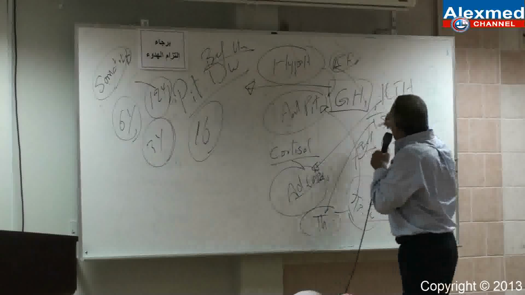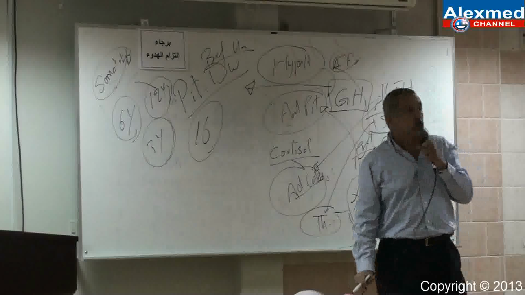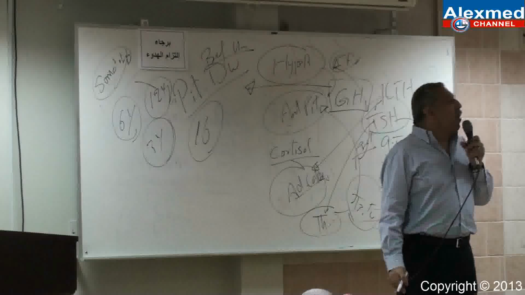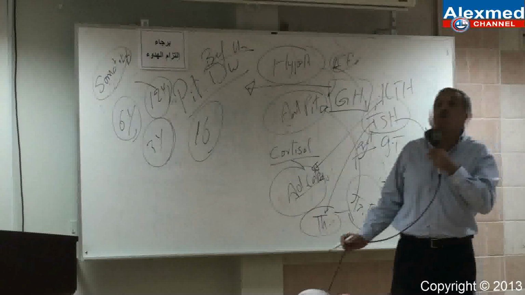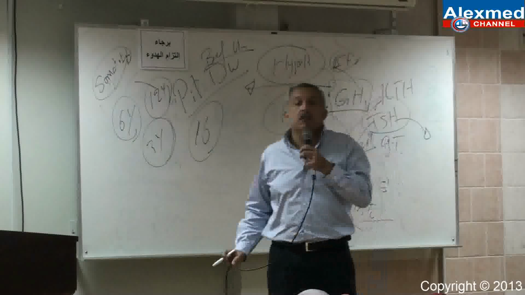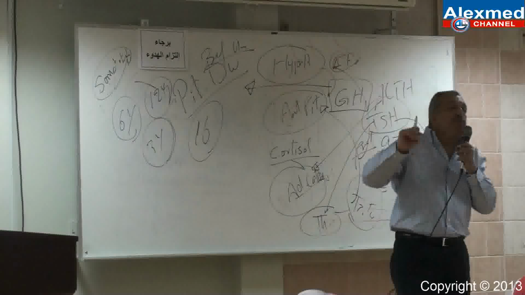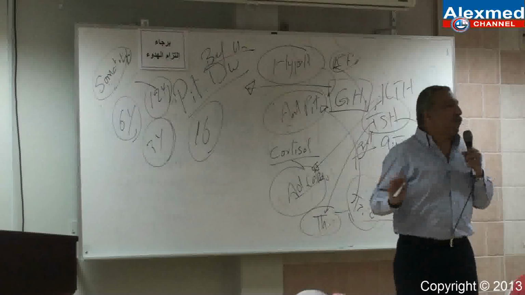The second hormone I'm going to talk about, TSH, thyroid stimulating hormone. It's very important to say now, what's the effect of TSH on the thyroid gland? Now, you must remember 4 things, 4 actions.